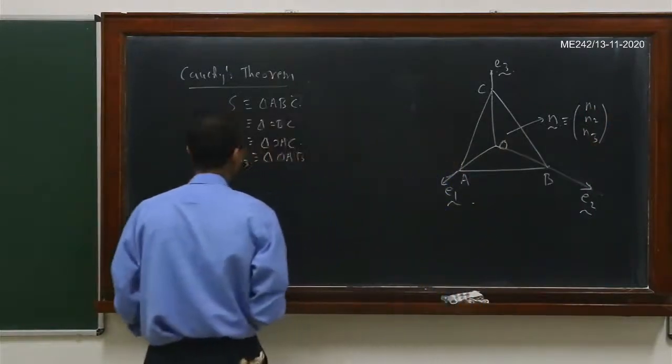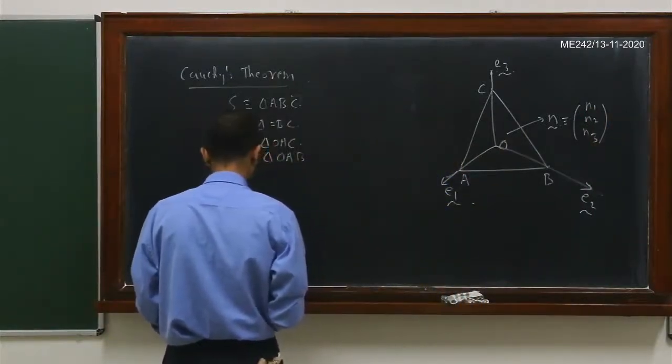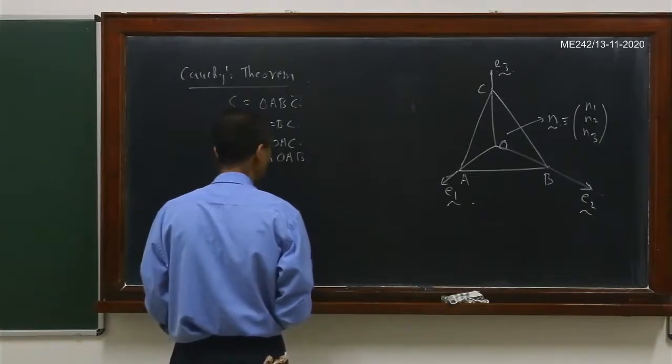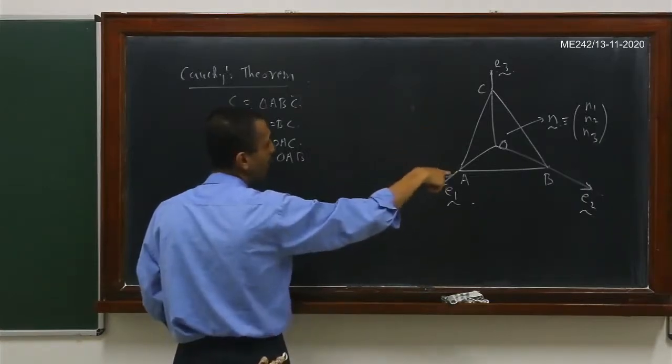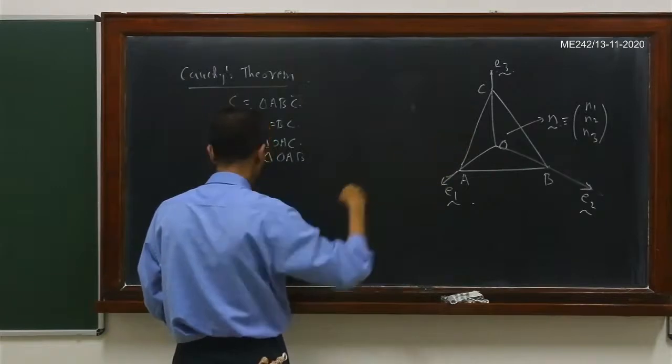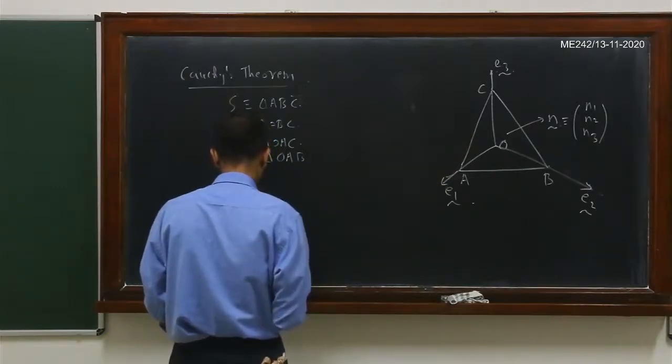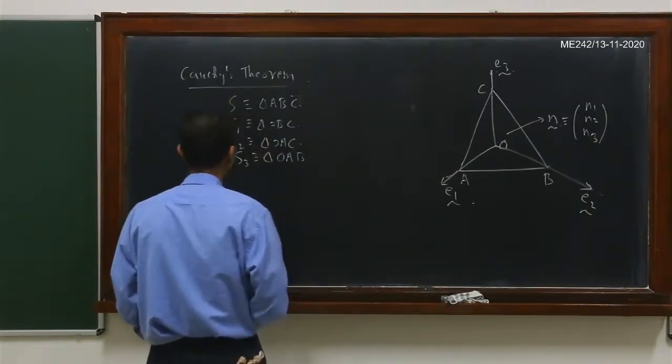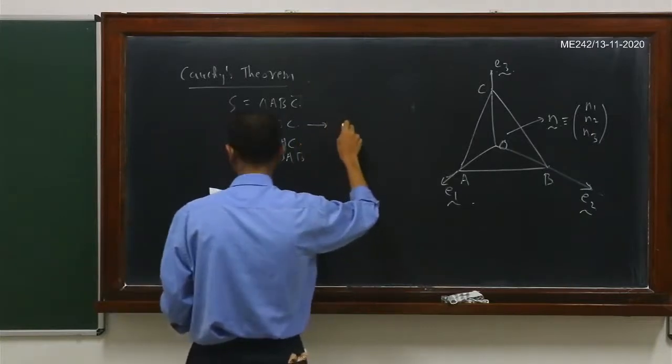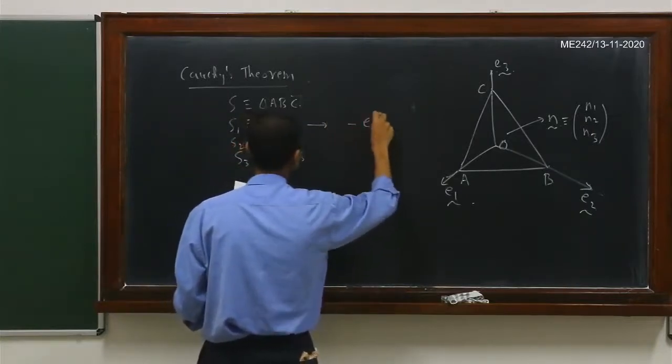So the outward normals to the faces are given as follows. The outward normal to ABC is n. The outward normal to OBC is minus E1.